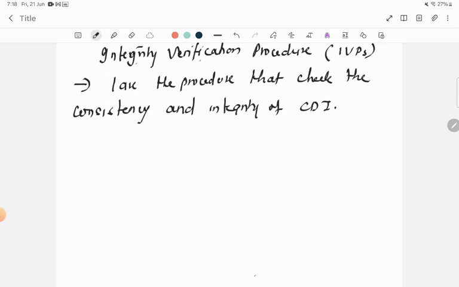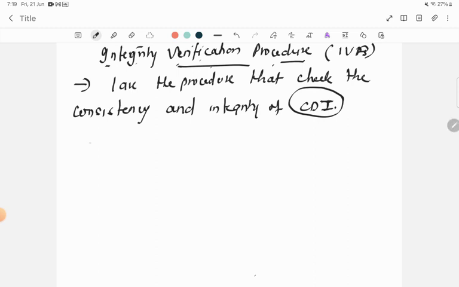Any constrained data item that you are going to check, change, or access has to go through this verification procedure, called IVP. They ensure that you cannot change the CDI data very easily. You have to go through various procedures.